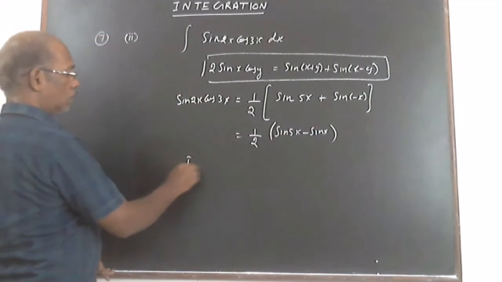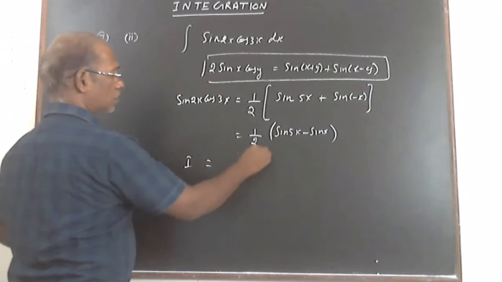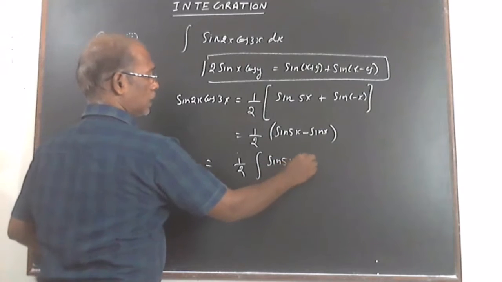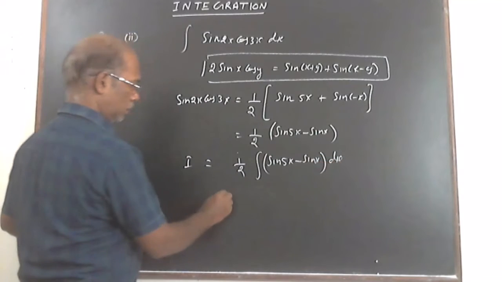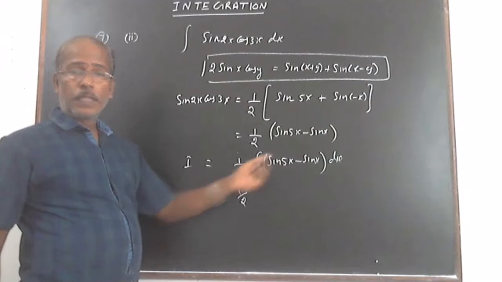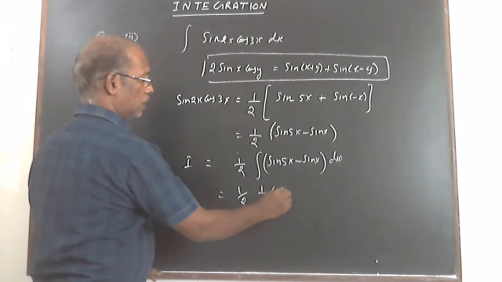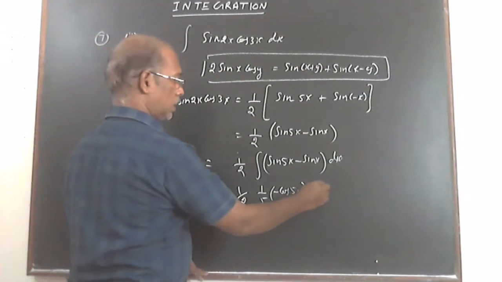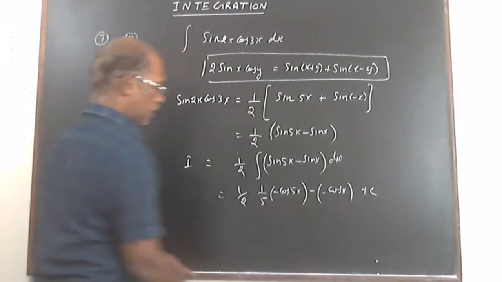Now I equals the integral of, taking 1 by 2 outside, sin 5x minus sin x. 1 by 2 times the integral of sin 5x is 1 by 5 times minus cos 5x, then minus of minus cos x with the integral constant.